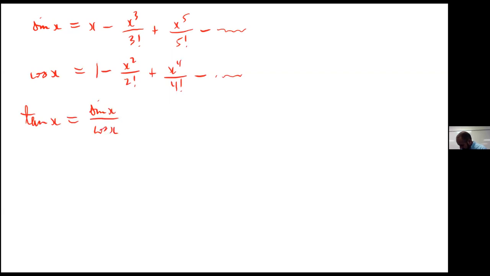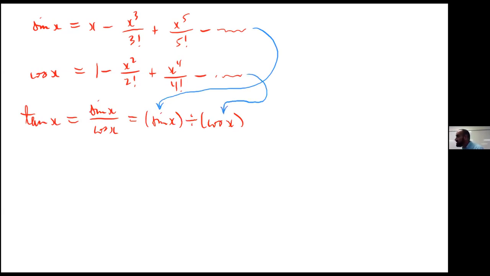Which, by the way, means sine of x divided by cosine of x. Do you know what I'm saying here? Yeah? So in other words, that means that I should take this power series here. This is sort of freaky, but you take that power series and you divide it by this other power series, yes?